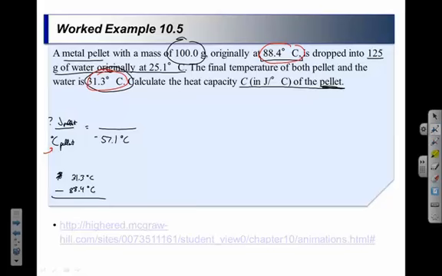I would use the information I have about the water, because any energy that the pellet is releasing must be absorbed by the water.